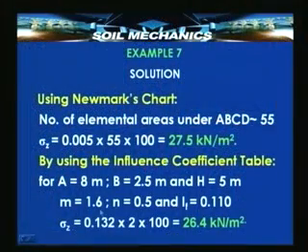So, let us see, for one rectangle the length is 8 meters, A therefore is 8 meters, and B is only half the total width, because the point E lies at the midpoint of the shorter side. So, B is only 2.5, H is already defined 5, the stress we need is at a depth of 5 meters.